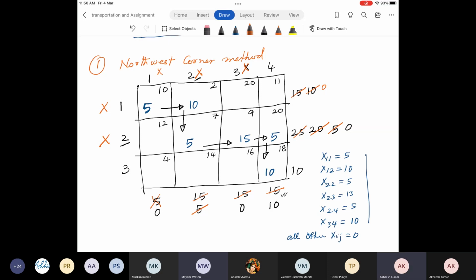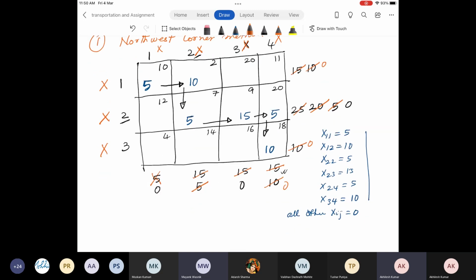Once I have set all these, I can cross all the rows and columns. Keep one thing in mind: if row and column are being satisfied at the same time, always cross out the row.